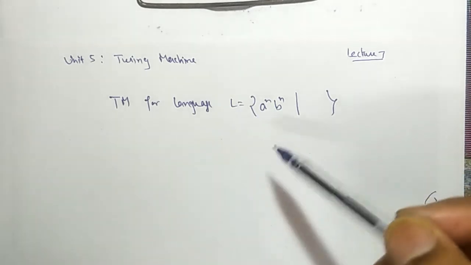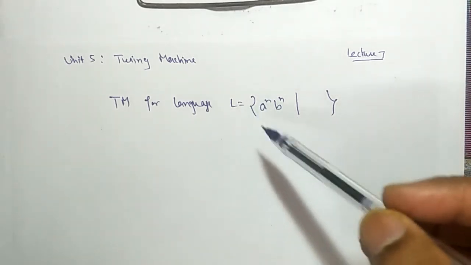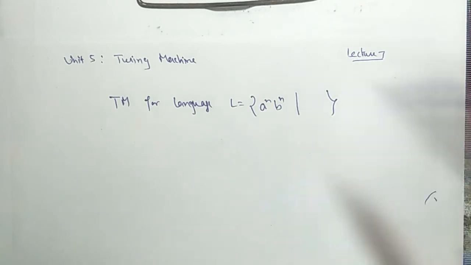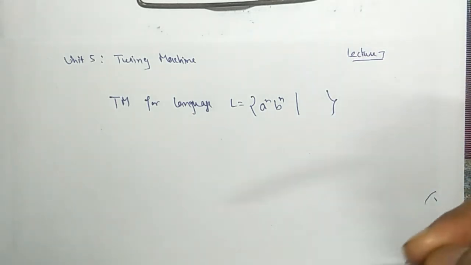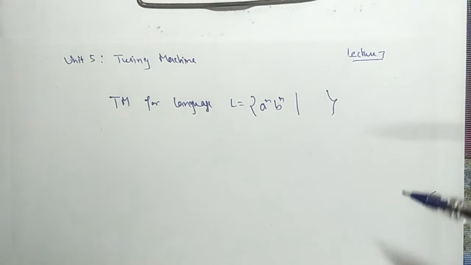In this language there are equal numbers of a's followed by equal numbers of b's. So if we erase one a from the left corner and one b from the right corner, at the end everything should be erased.